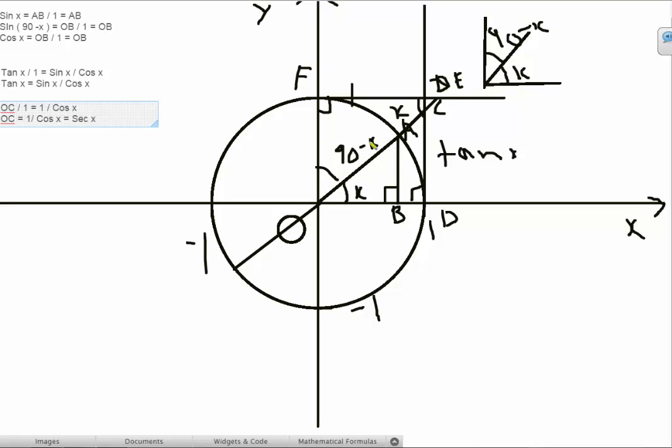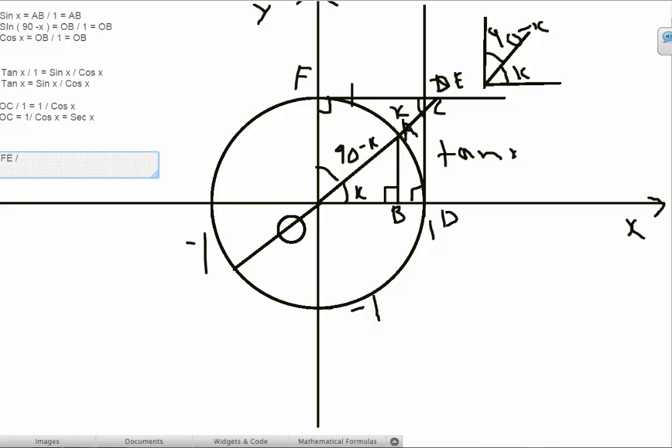So what does cotangent x actually mean? Well, it simply means tan of 90 minus x, right? So let's look at it this way. Let's say that FE divided by this length, which is OC.